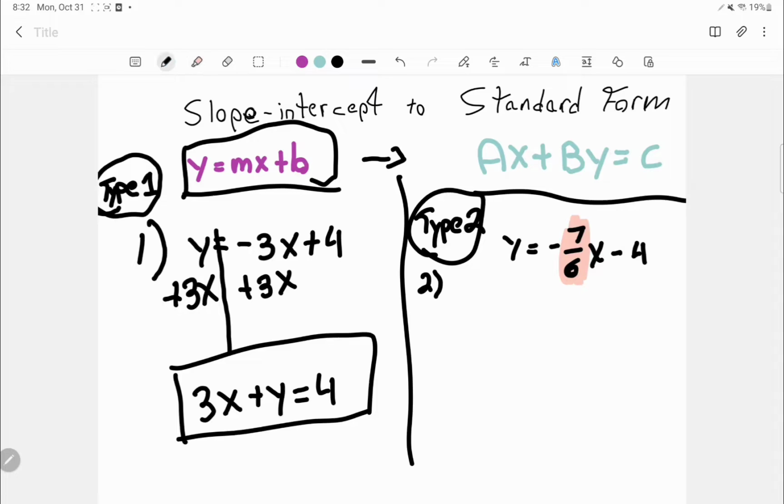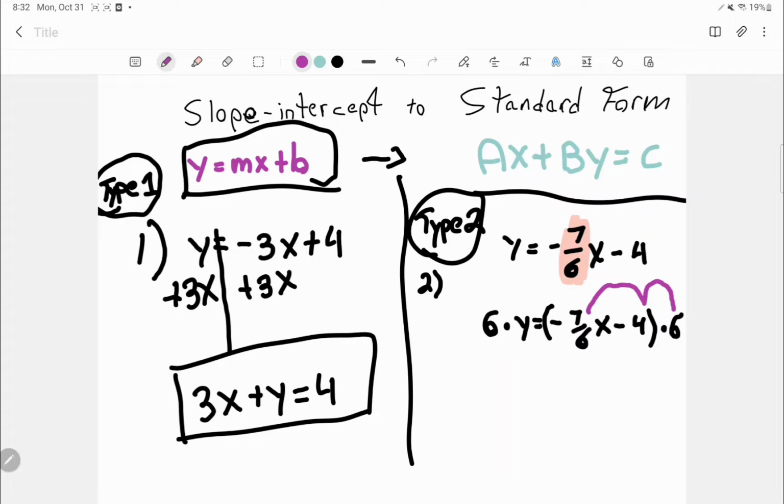The way that it's going to look, I'm going to show you. So I'm going to have 6 times y equals, and I'm going to put parentheses because I'm going to have to distribute the 6, times 6. Now, this 6 is going to multiply with this, and it's going to multiply with that.